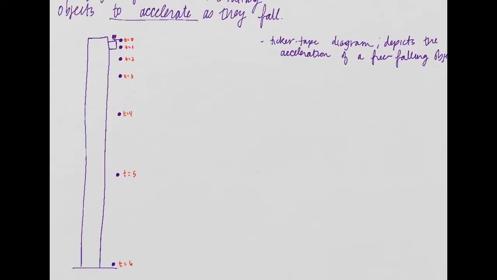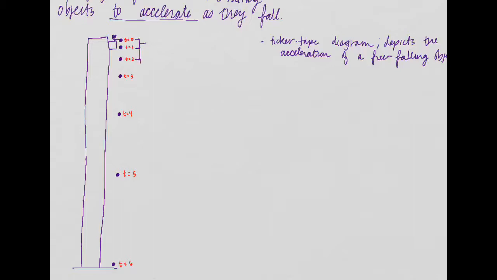If you see this, you can automatically tell that the distance that the ball is traveling each second is not constant, right? So there's an increase. Between 0 and 1 seconds, the ball goes this far. Between 1 and 2 seconds, the ball travels this far.